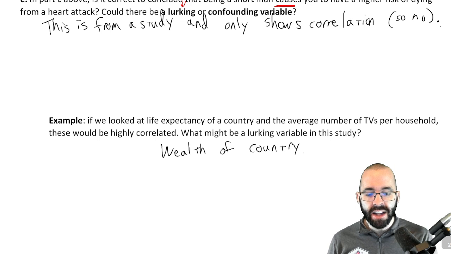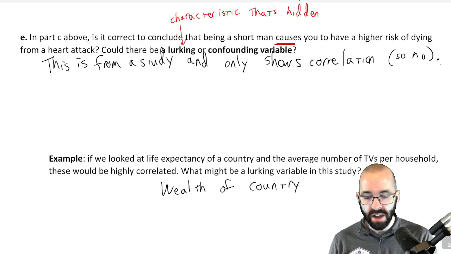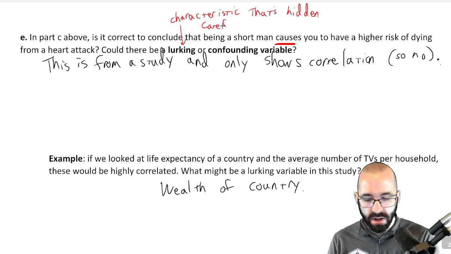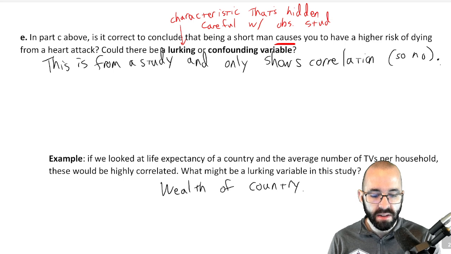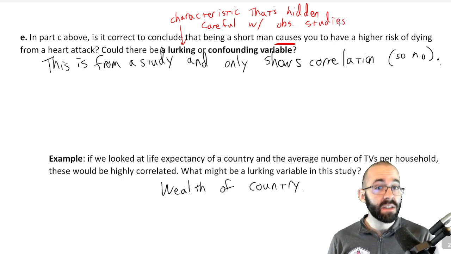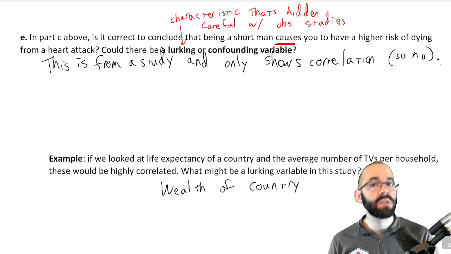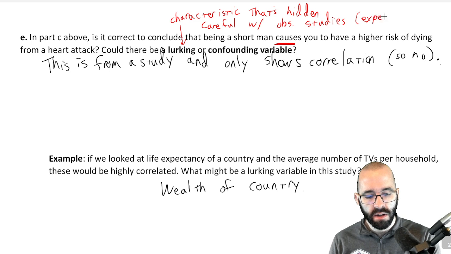And that's what you have to be really careful about in observational studies. Be careful with observational studies because of this. Experiments have a control. So experiments usually don't have these. Usually a good experiment will take care of this.